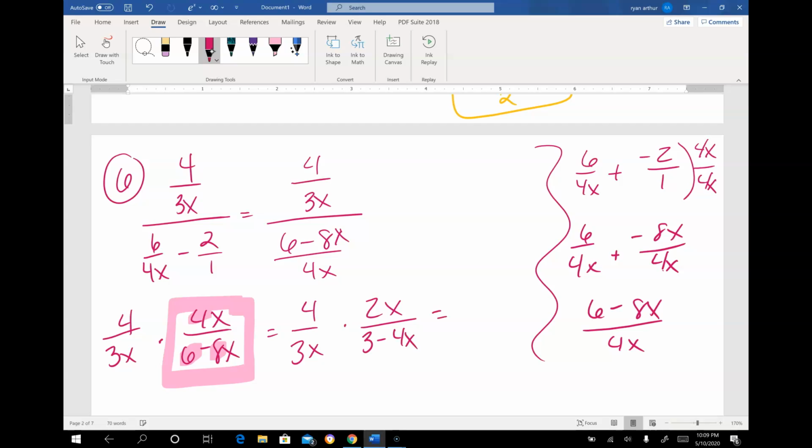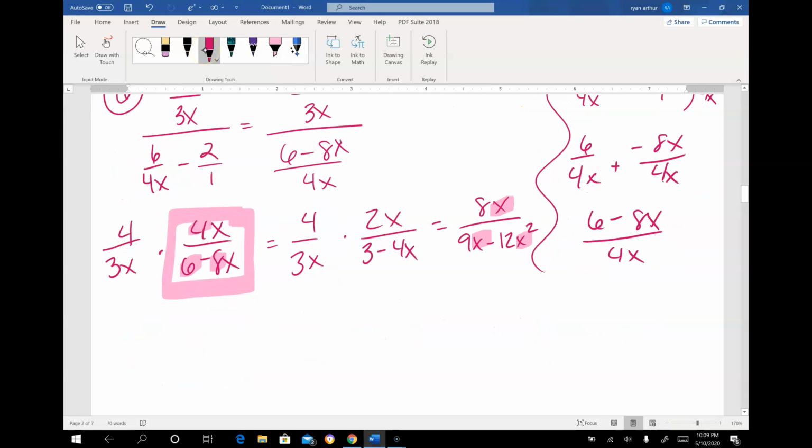Now multiply. That's 8x over 9x minus 12x squared. Now, when you look at it over here, all these terms have what in common? An x. So we can reduce everybody by an x. And it's going to be 8 over 9 minus 12x.